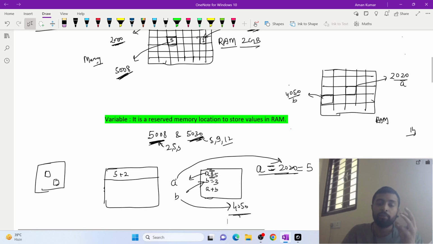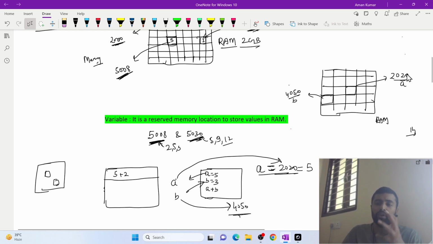Let's say we write A. So when you write A equal to 5, 5 is going to be stored in the RAM at this memory location. But when you want to access this value, you would otherwise have to write this memory location, and that doesn't help readability.